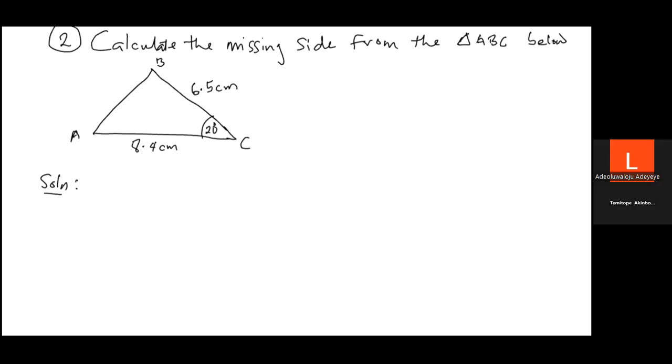Very good. So that means we are looking for side C. So this is side B and this is side A. So my cosine rule will now go this way.